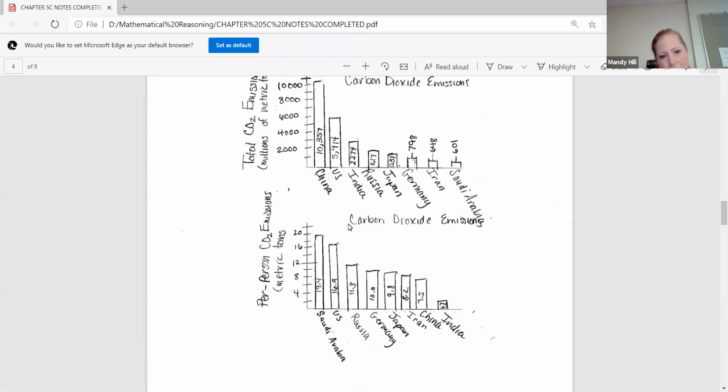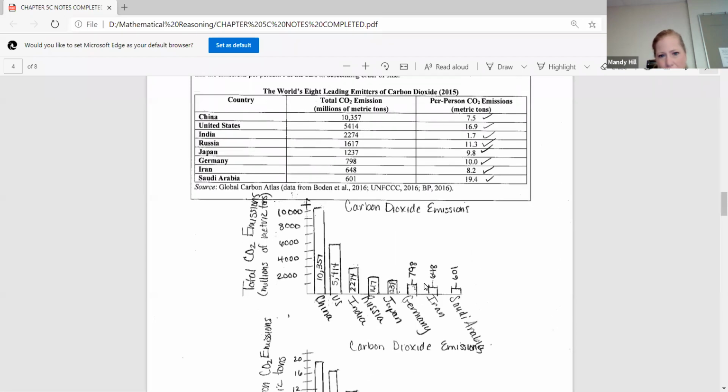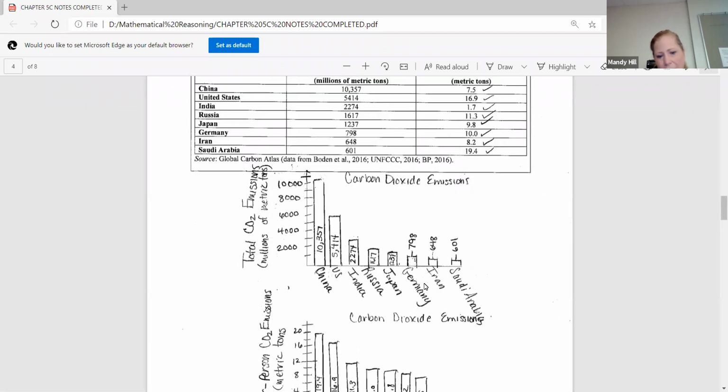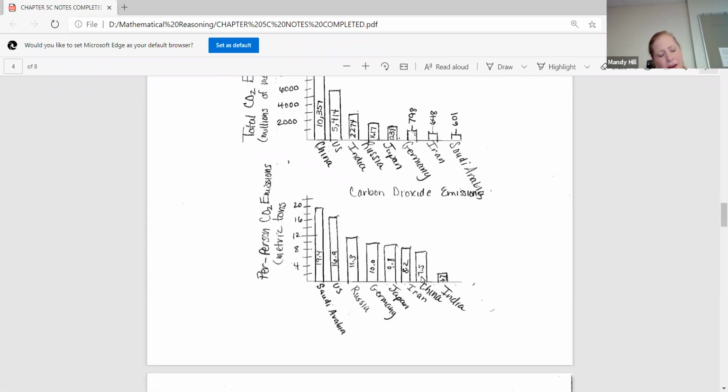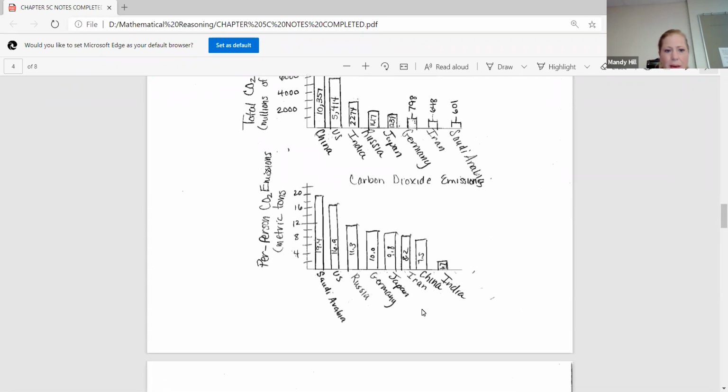The US doesn't really surprise me, because we do have a very large population, so our per person figure would be bigger. But here's what I probably don't agree with: Russia and China are way down here. I'm not trying to be ugly. I'll try to pull better data because I don't know when this was taken, 2015, but China is not at all concerned about CO2 emissions. They're concerned about making money.